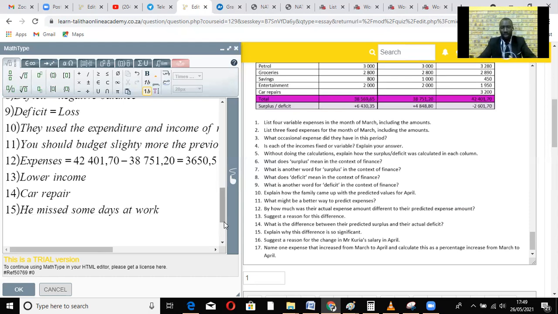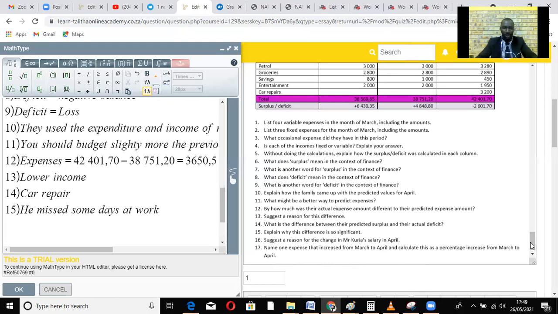Then the next question is question 16: suggest a reason for the change in courier salary in April. That is what we talked about. Then question 17: name one expense that increased from March to April and calculate this as a percentage increase from March to April.